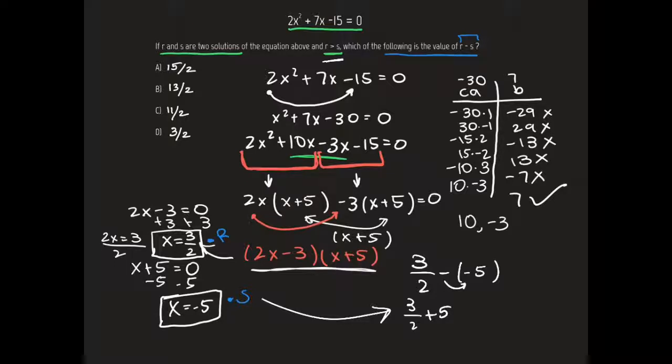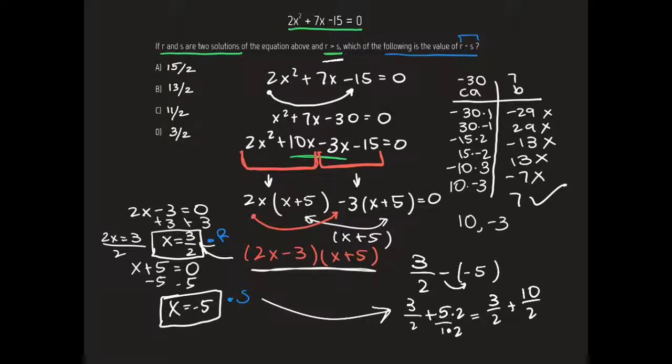Now we have to add these. I find it easier to do 5 over 1, because that's the same thing as 5. Now we have to make it so that we have like denominators, so we multiply this by 2, times 2 and times 2. So now we have 3 by 2 plus 5 times 2 is 10, and 2 times 1 is 2.